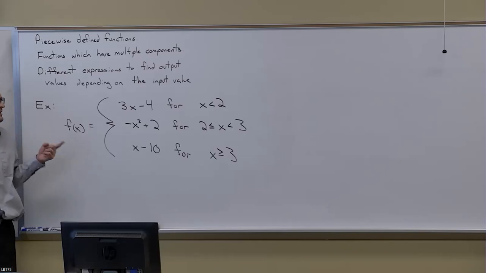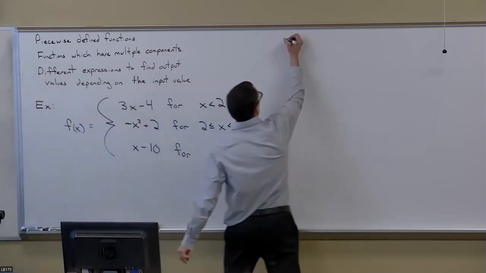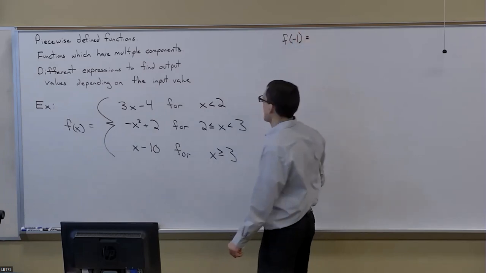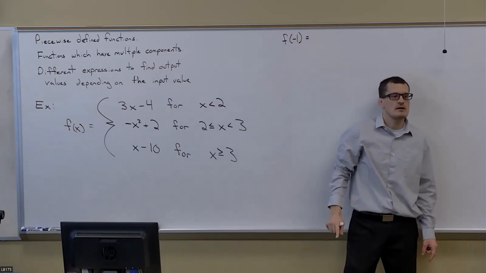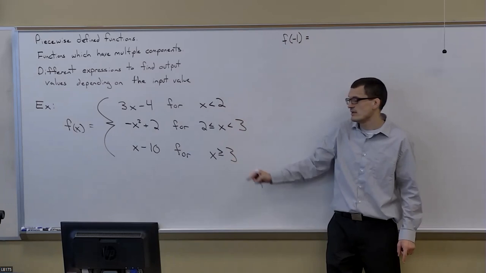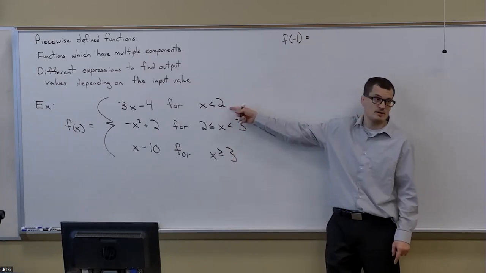So we have 3 different expressions to give me my output values, depending on where the input value is that I plug in. So if I were to plug in, for instance, a -1, the first thing I do is I go over here where it says what input values.